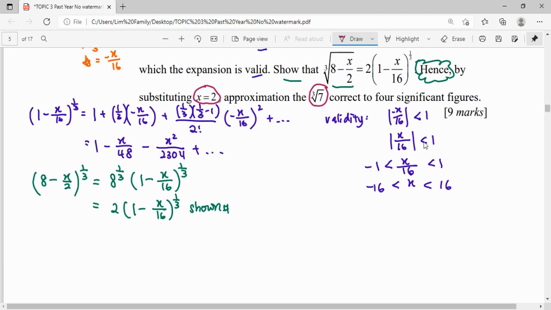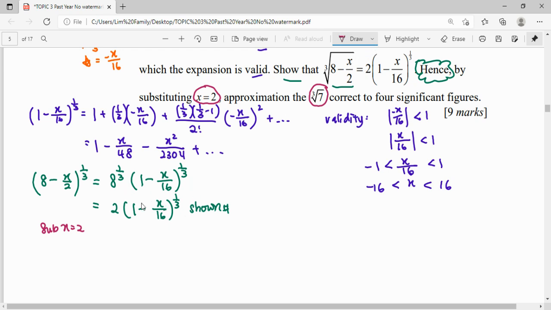So now we're going to substitute x equals to 2 in this expansion, because it said hence, which means this is the latest expansion we have.